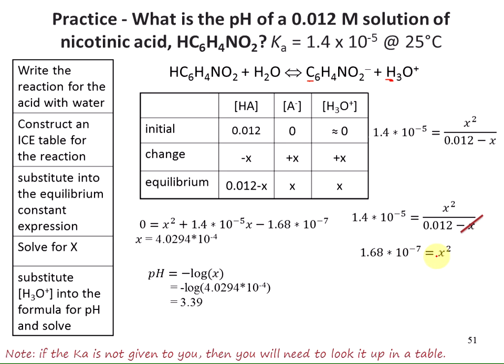We take the square root of both sides, and we get an X value of 4.09 times 10 to the minus 4th. If we plug this into our pH equation, pH equals negative log of the hydronium concentration, we get the same value. So either way we did this, the value came out the same. This approximation was a valid approximation, and it saved us a lot of time rather than having to do the quadratic equation.